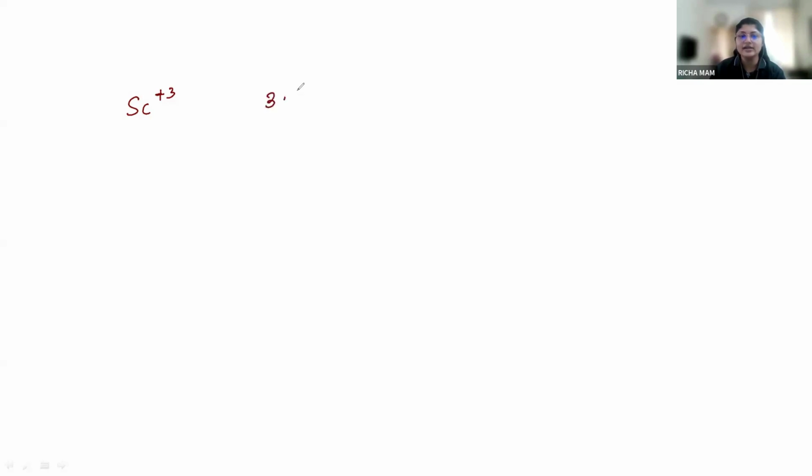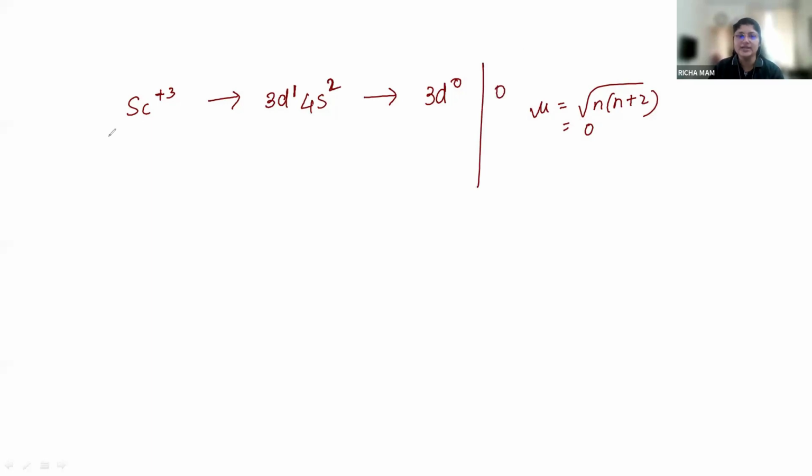Scandium is 3d1 4s2, the electronic configuration. When it undergoes plus 3, all these 3 electrons are lost, so it will be 3d0. The number of unpaired electrons is 0, so the magnetic moment is 0.